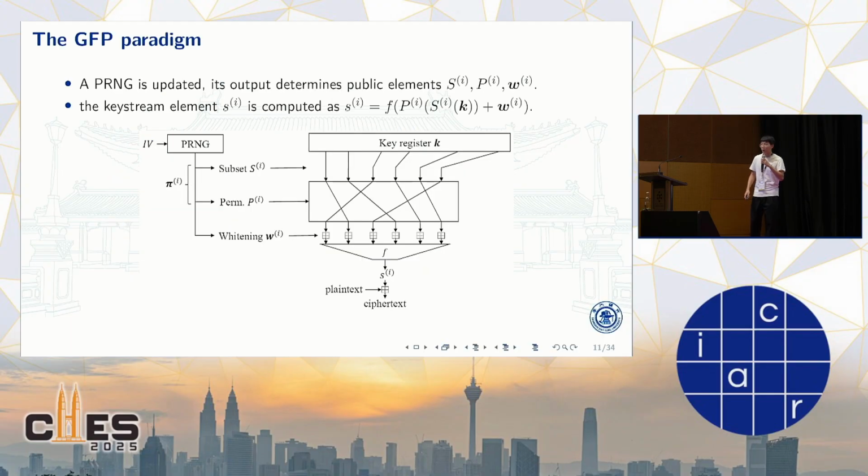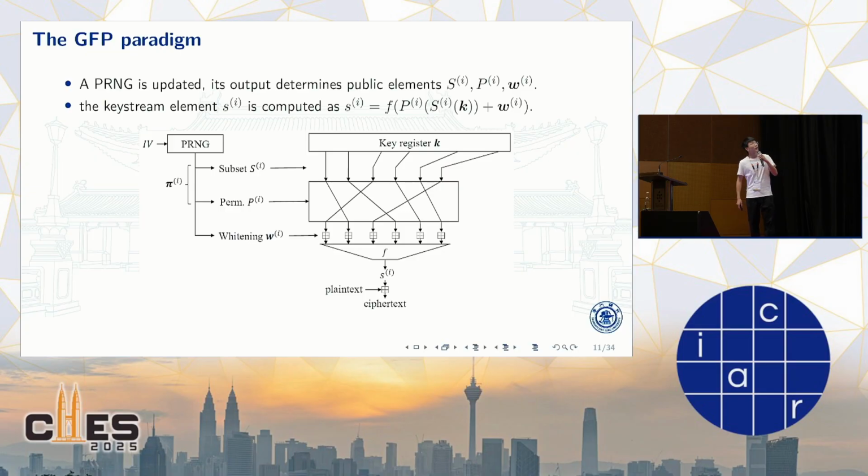Okay, first I would like to introduce the GFP paradigm. In the GFP paradigm, at each iteration, the PRNG is updated, and the output of the PRNG will determine some public elements, including a subset Si, a permutation Pi, and a widening vector Wi.